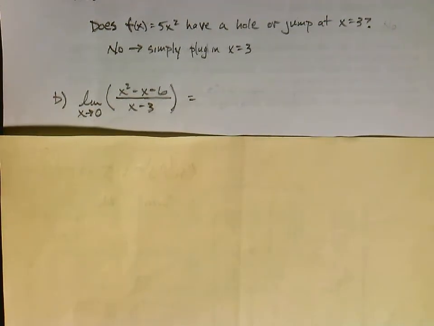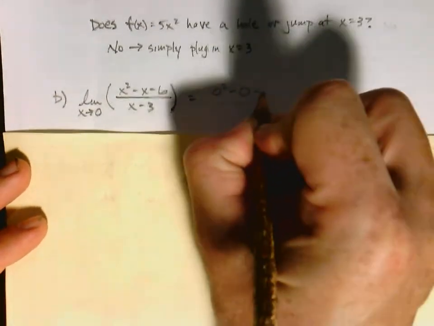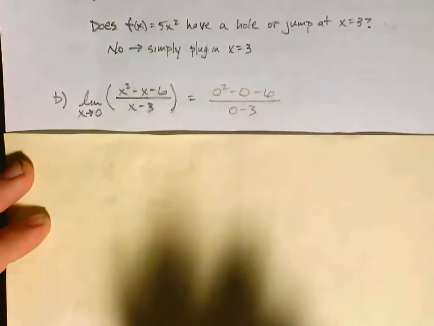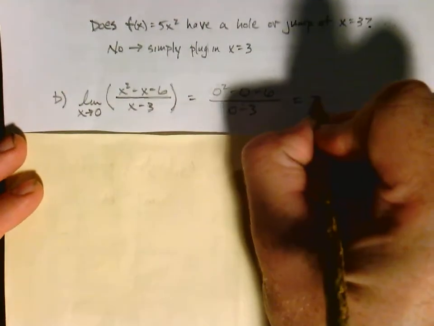Well, the answer is no. At 0, it's perfectly smooth and nothing unusual. At 3, that's a different story, and we're about to go there. But at 0, nothing unusual. Again, we can just plug this in. 0 squared minus 0 minus 6 all over 0 minus 3. And if we simplify that, we're just going to get 2.